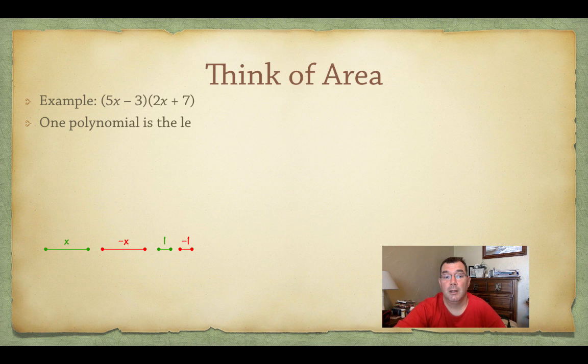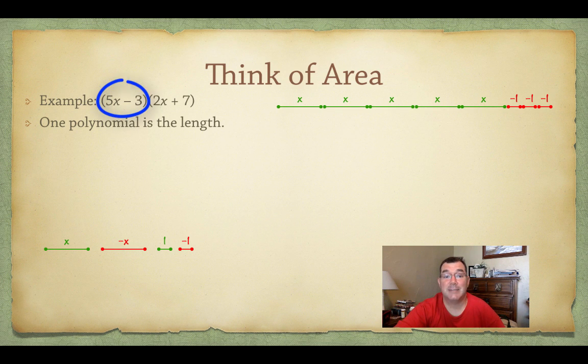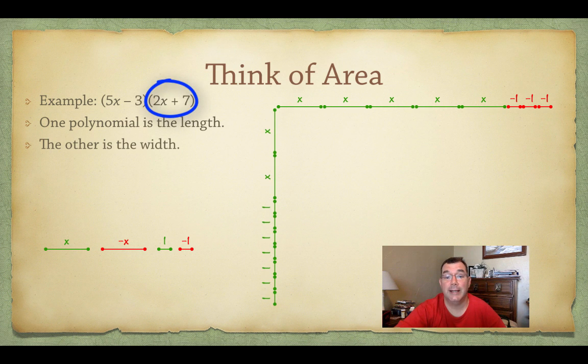So, yes, one polynomial is the length. So if it is 5x minus 3, then I need 5 of those x lengths, and I need 3 of the negative 1 lengths. That makes up 5x minus 3, or 5x plus negative 3, same thing. The width is 2x plus 7, so I need 2 of those x lengths, and then 7 of those positive 1 lengths.